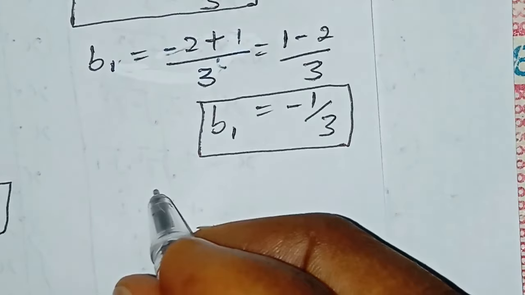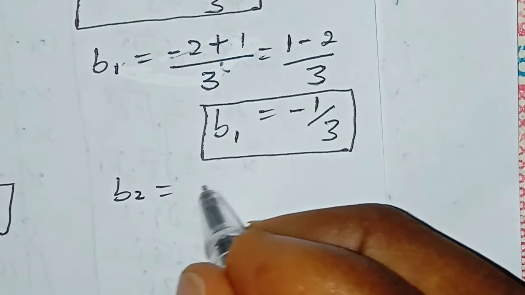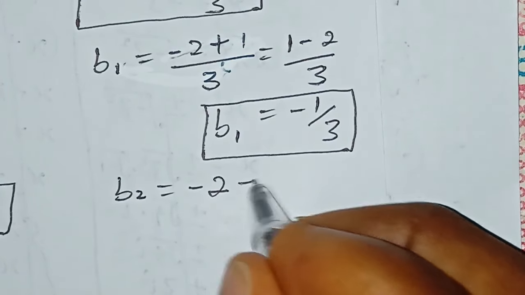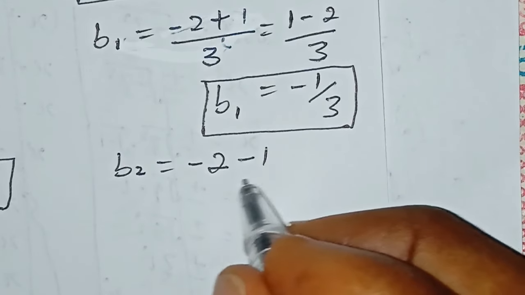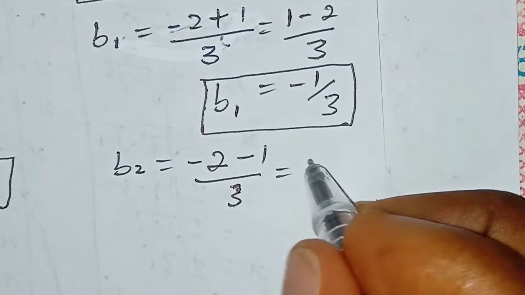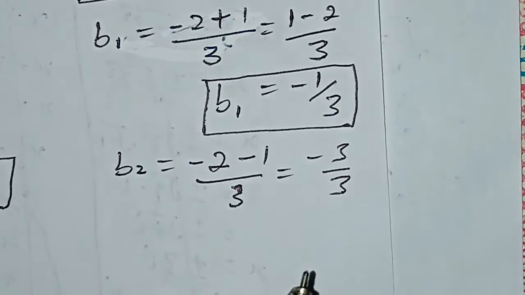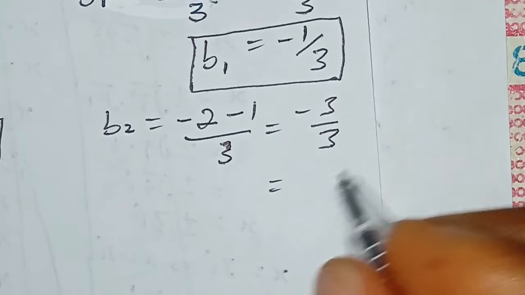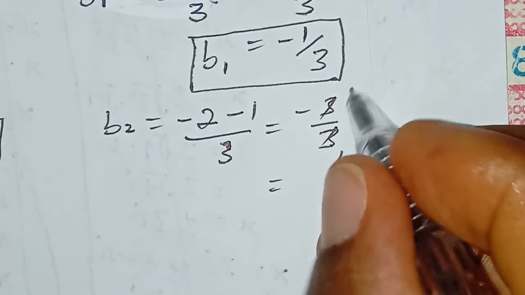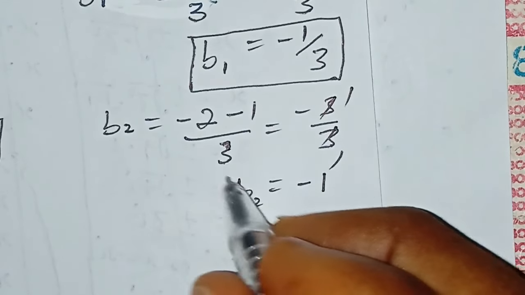Then b2 is given by minus 2, then minus 1 over 3, which is equal to minus 3 over 3. Okay, and this is equal to 3 here 1, 3 here 1. So we have this to be minus 1, which is equal to b2.